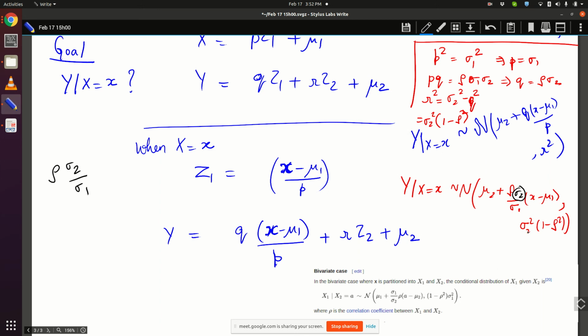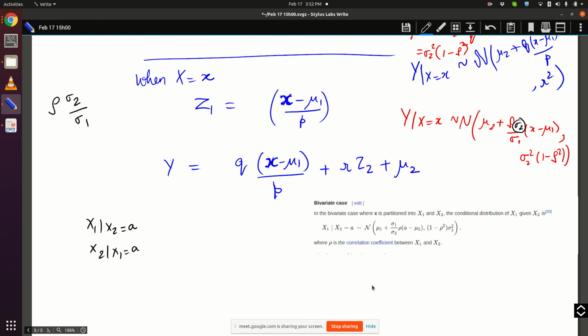But why did I get sigma 2 squared? It says it should be sigma 1. Sir, that is x1 given x2 equal to a. We have calculated x2 given x1 equal to a. Okay, fine. So that is the reason that 1 and 2 are interchanged. Okay, so this is the idea.